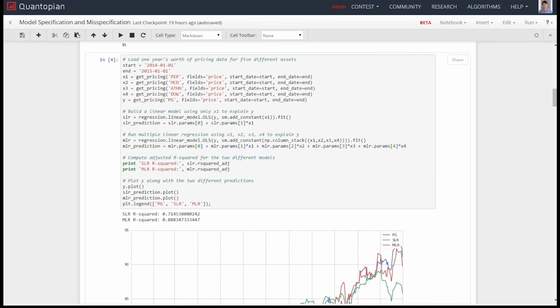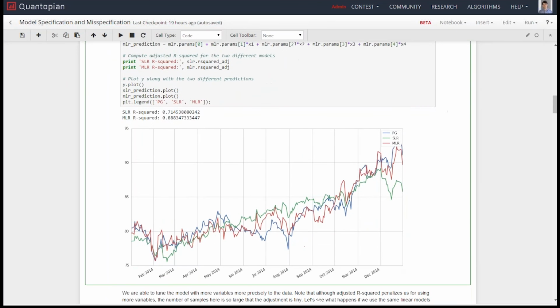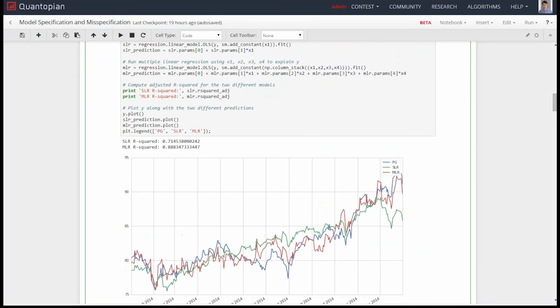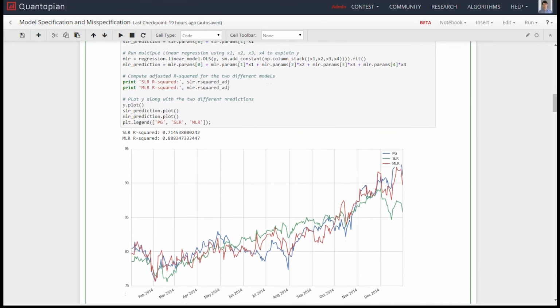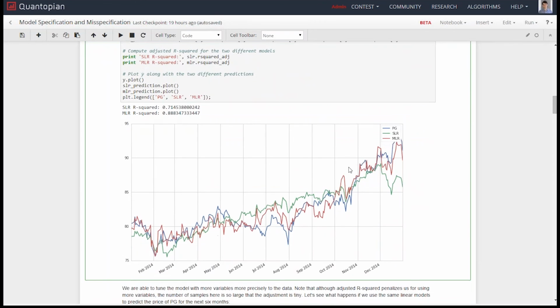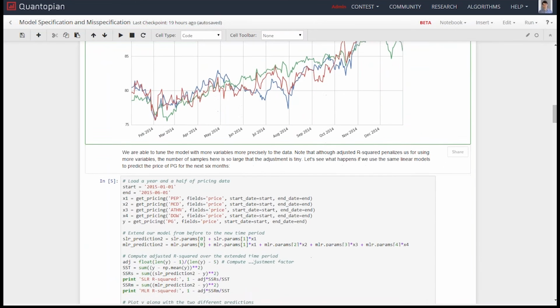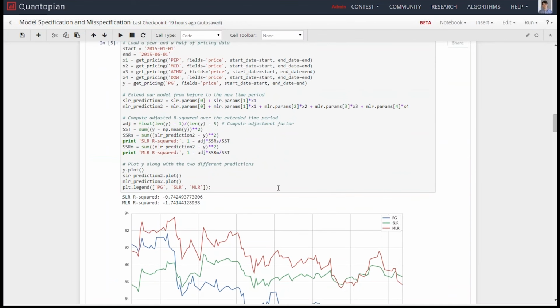But you have to remember that this is over this specific time period, and so now you've overfit to this time period, because remember, the more complex your model is, the more you're going to overfit, and there's just no way around that. You're just going to start fitting noise in your data, and we can verify that by going to a different time period. We're going to go to the 6 months after that time period, and you can see that both models actually completely collapsed, right?